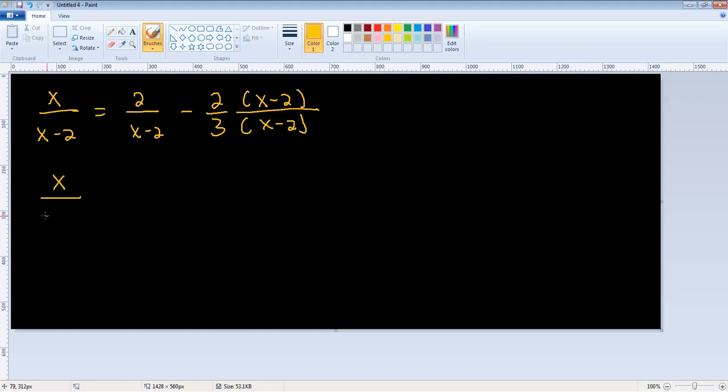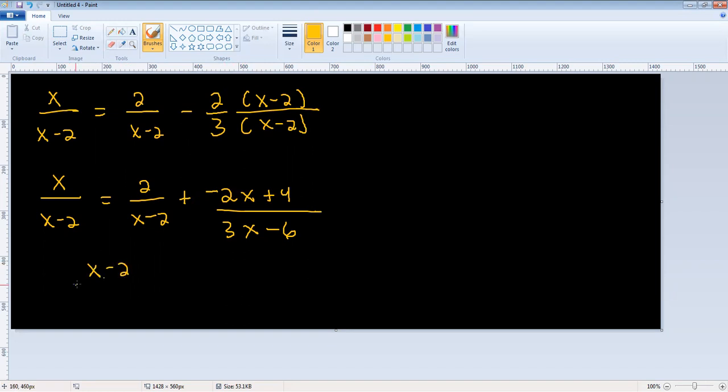So let's see here. So this is going to be what? If I make this a positive and I distribute this 2, this is going to be negative 2x plus 4, okay? And this is going to be 3x minus 6. Then I can take this one and subtract it over here.